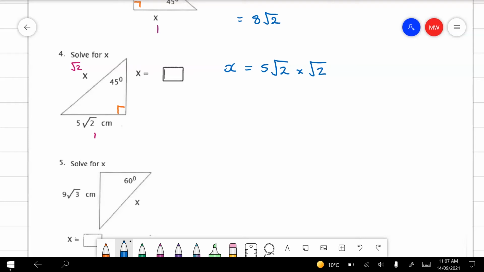And root 2 times root 2 makes 2, so this is 5 times 2, which is 10. So this one is 10, and the units are centimeters. We'll just tidy that one up a bit.